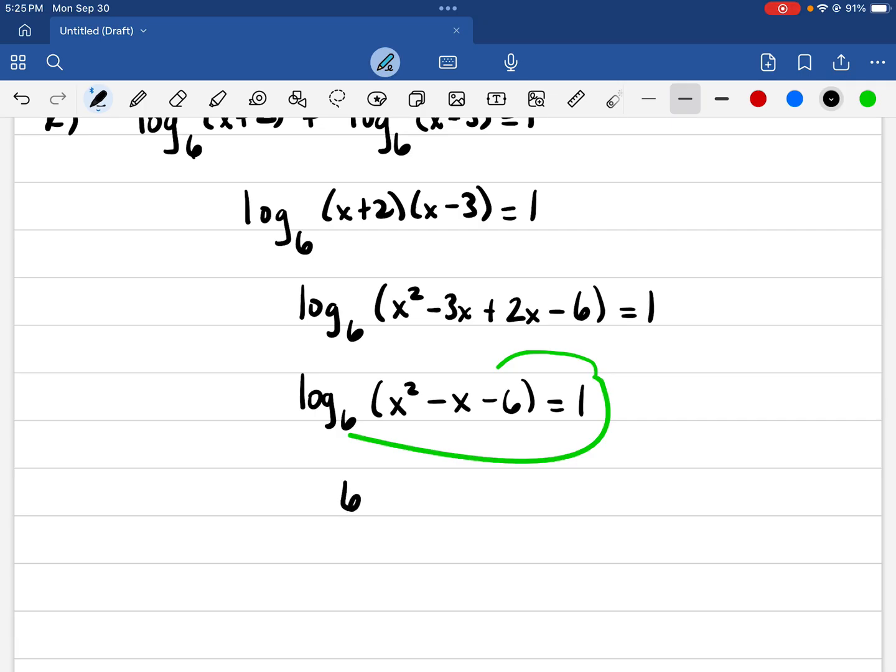So we started at 6, that was our base. We went to 1, and then we landed on x squared minus x minus 6. So that's what we're equal to. 6 to the first power is 6.